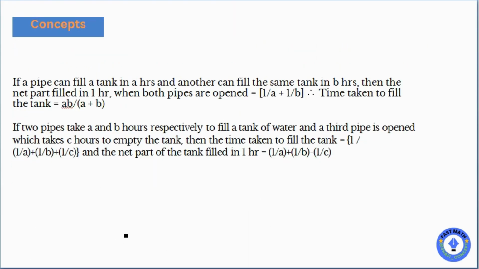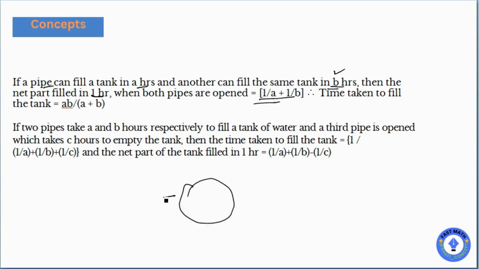Next, let's move to the next concept. In the same way, a pipe can fill a tank in A hours, what we have seen on the initial page. Likewise, the same tank has another pipe which is also filling water in B hours. Then the net part filled in 1 hour is 1 by A plus 1 by B. That means the tank is like this.